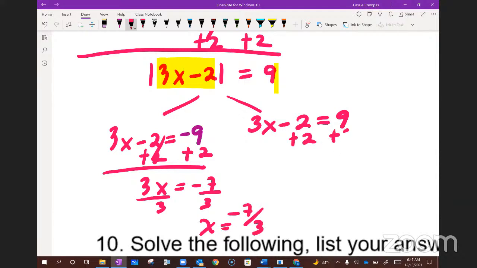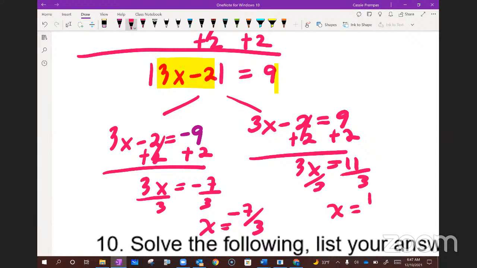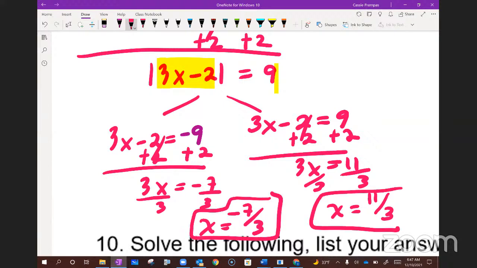Add 2, and that gives me 3x equals 11, divide by 3, and x has to equal 11/3. So those are my 2 answers, and I'm going to choose those on the Scantron.